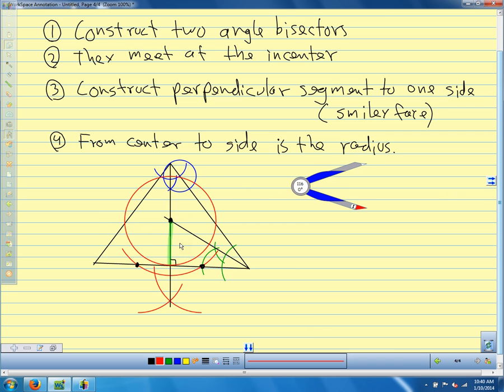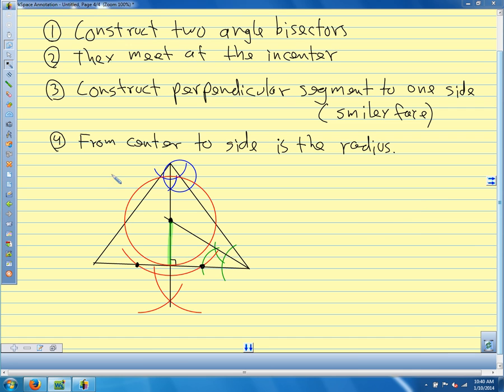This one's a little harder to get perfect. I think something happened with this angle bisector, it looks like. But that's the steps for that construction. All right, questions on that construction? And when you get it right, it's kind of nice because your circle fits perfectly inside the triangle.